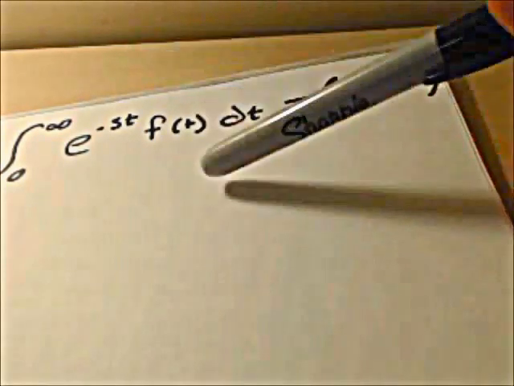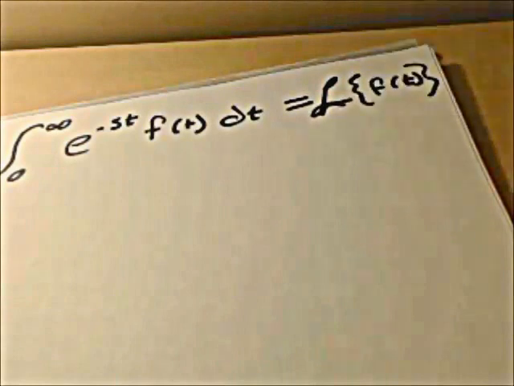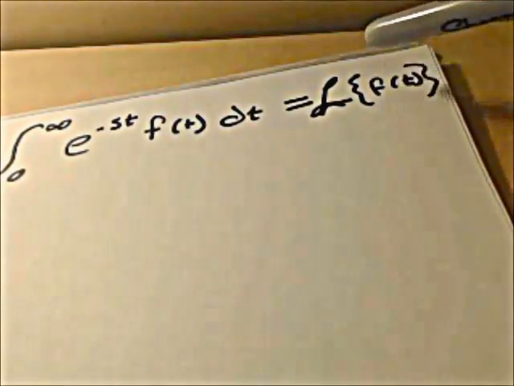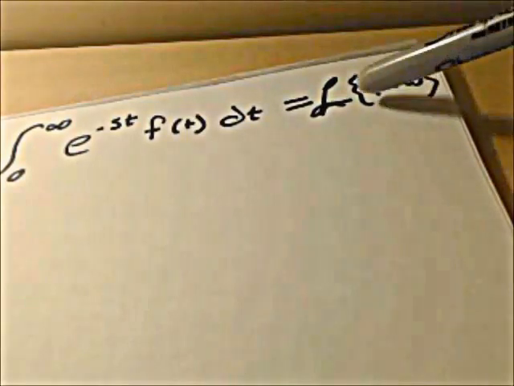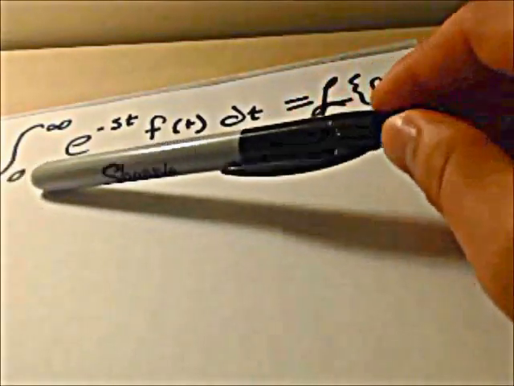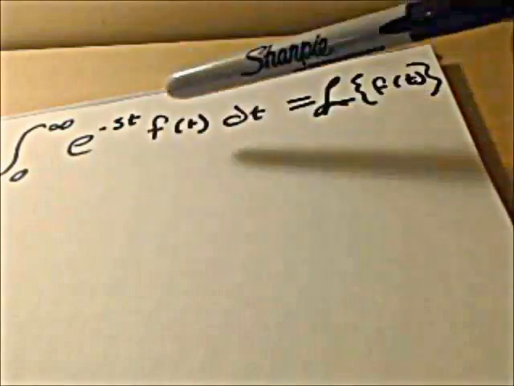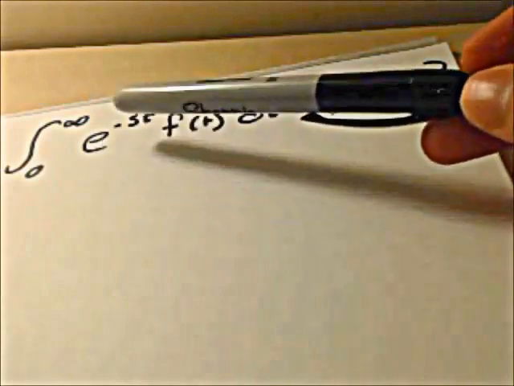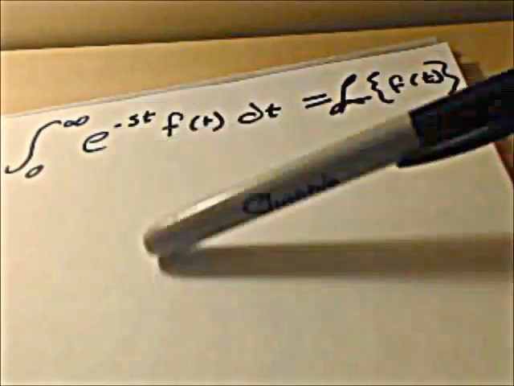So the Laplace transform of a function of t is literally the definite integral from 0 to infinity of e to the power minus st. s is just a constant, by the way.